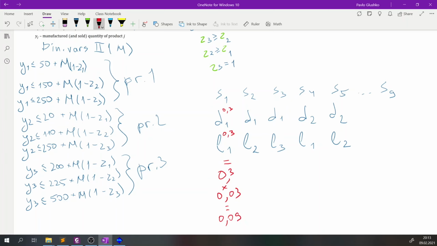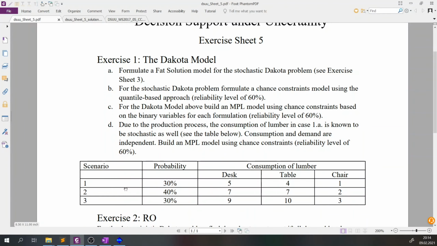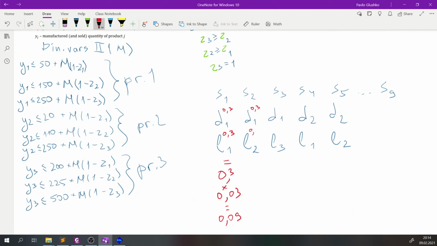Now, the next combination is D1, which has probability 0.3, and L2, which is 0.4. So 0.3 multiplied by 0.4, it's like a conditional probability, is equal to 0.12. And so on. That's how we calculate the probability of every one of our new scenarios.